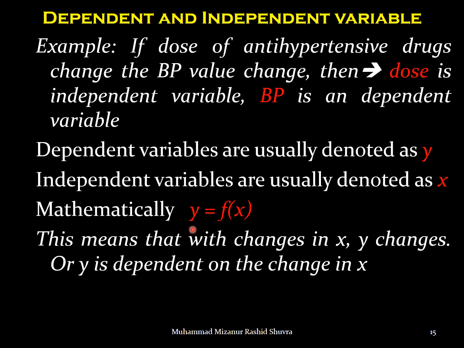If you have a relation where it says y equals function of x, that means y is functioning as a result of change in x, and that is why you read it y equals function of x, or y is a function of x. Any function that x is performing is giving y a value.